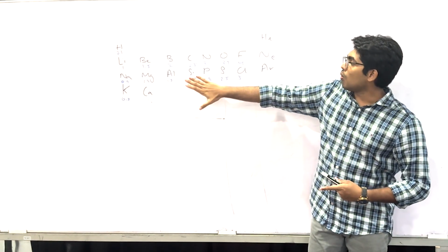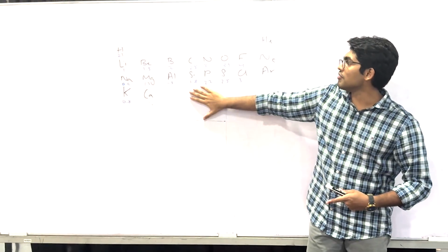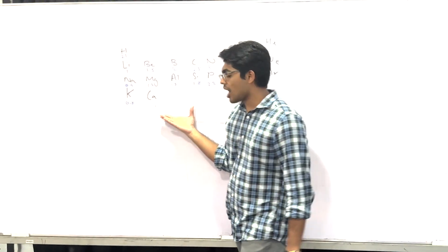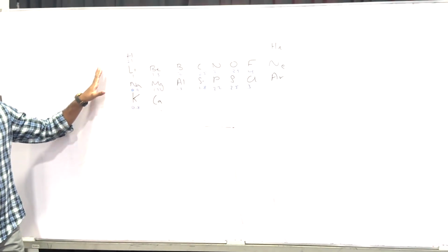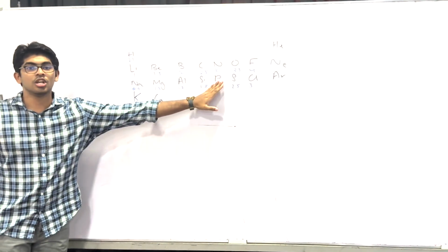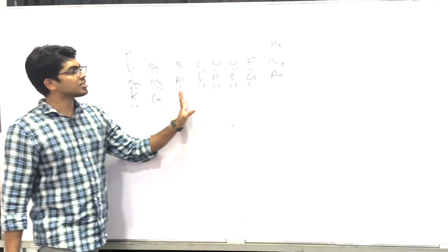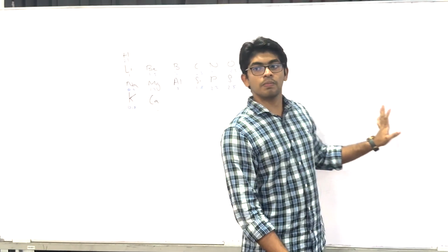Basically, in the periodic table, this is one of the main features that we can see, the electronegativity and the ionization energy. If you look at the electronegativity, students, from left to right, you can see that the electronegativity of the elements is increasing.